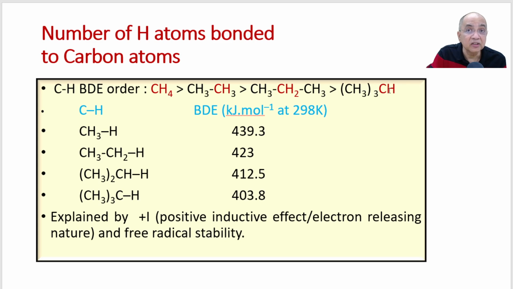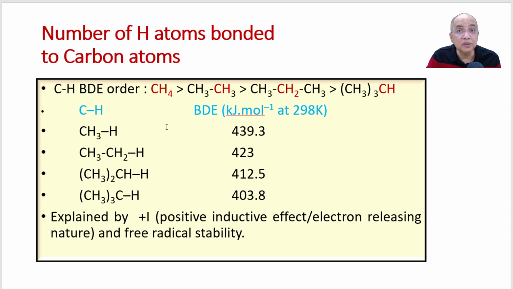You will know later in organic chemistry, this is called a tertiary carbon, this is a secondary carbon, and these two are primary carbons. You will know about it. If there are 4 hydrogen or 3 hydrogen atoms attached to a carbon, it is called a primary. 2 hydrogens, secondary. 1 hydrogen, tertiary.